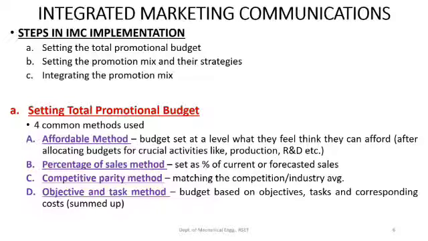You add up the costs corresponding to the activities planned to achieve the objectives listed by the company. This is called the objective and task method. It's a very reasonable and ideal method, but the problem is that this process of setting a promotional budget is very difficult to practice. So these are the four different methods for setting promotional budgets: the affordable method, the percentage of sales method, the competitive parity method, and the objective and task method.